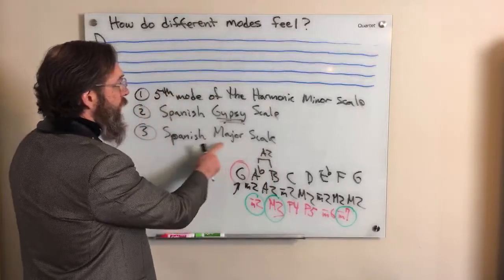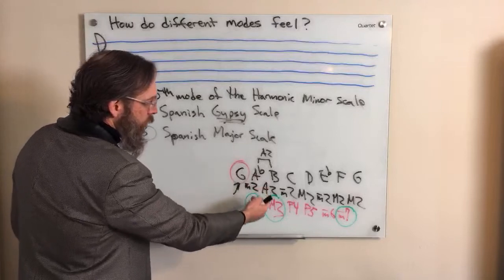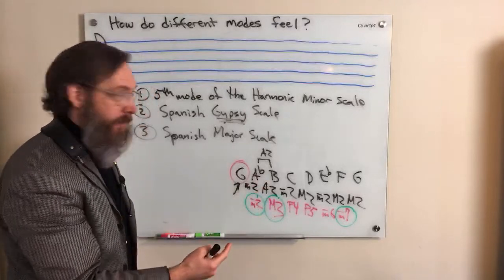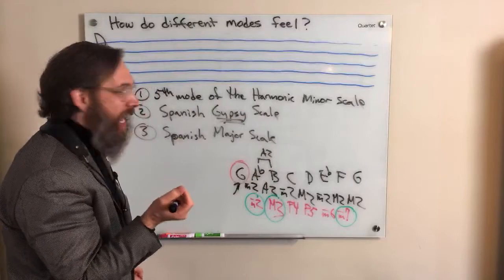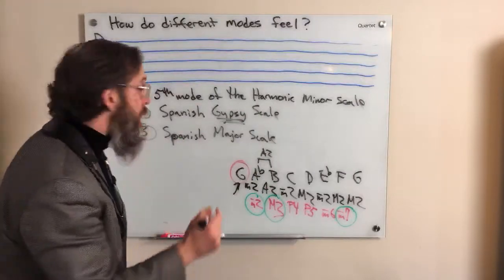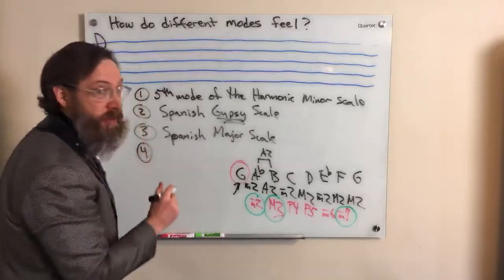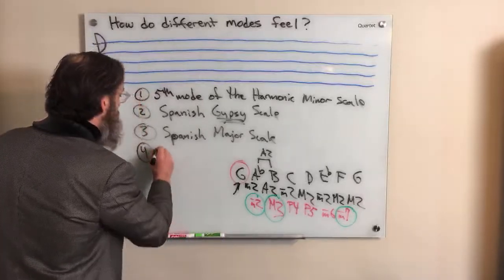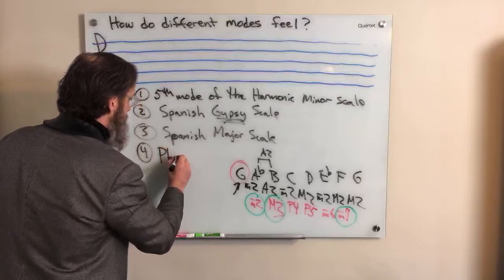Now, when they call it Spanish major, you can see why they would do that, because it has a major third in it, right? So it's indicating that it has a major scale aspect because it has that major third. But another name for the same scale, Phrygian dominant.